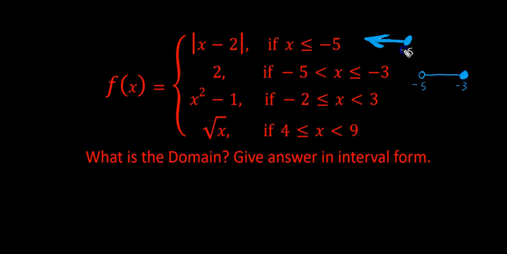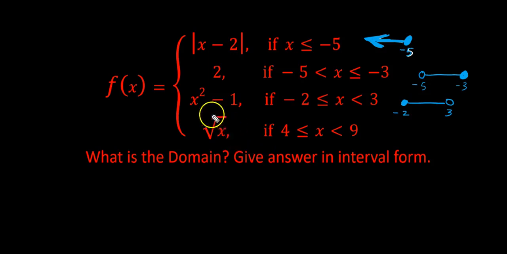Okay, and I might just do that in blue. Next, what would this look like on the number line? Well, I want everything between -2 and 3. From the symbol, -2 is included. From the symbol, 3 will not be included, but I want everything in between them. Okay, so that's what this piece would look like on the number line.